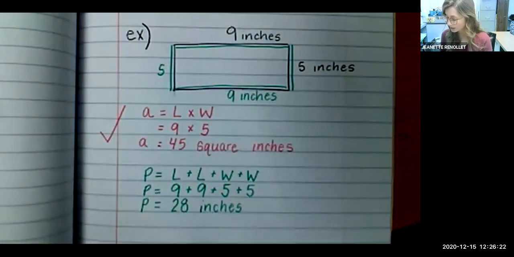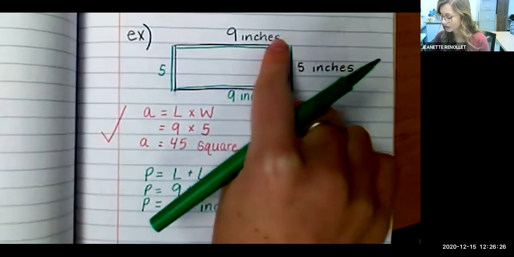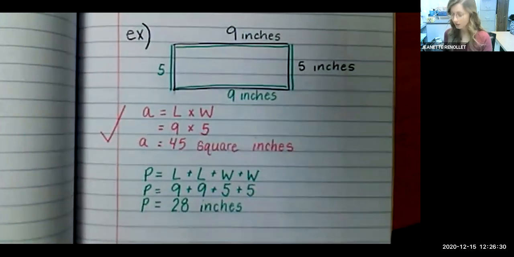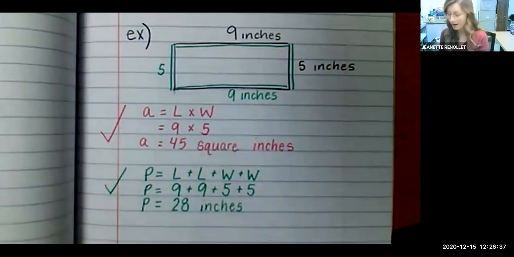We're only counting how many inches around the outside of the shape. So that would be my correct answer for perimeter. I now know the area and perimeter of my picture frame.